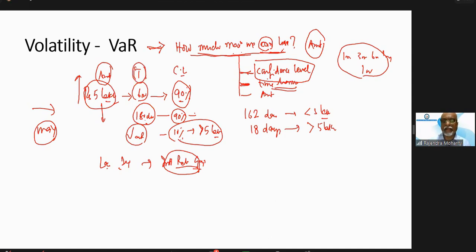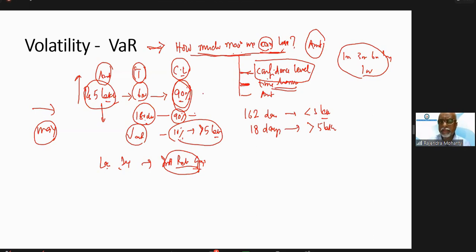Okay, is it clear? So always VaR will have an amount, the VaR amount, the maximum loss we can have within a time period or time horizon. This is called the time horizon. So there will always be a time horizon: 1 year, 6 months, 3 months, 15 days, 45 days, and there will be a confidence level.